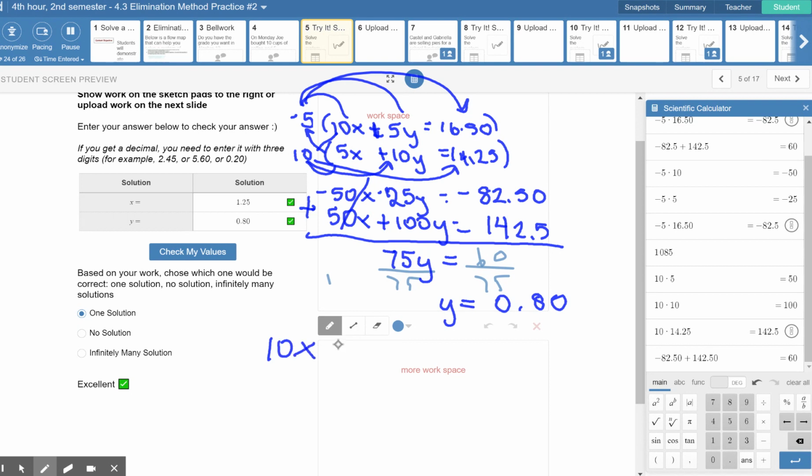So once you do that, you want to substitute it back into whatever equation you choose. So I'll do the 10x plus 5 parentheses 0.80 equals 16.50. 5 times 0.80 is 4. And now it's a two-step.